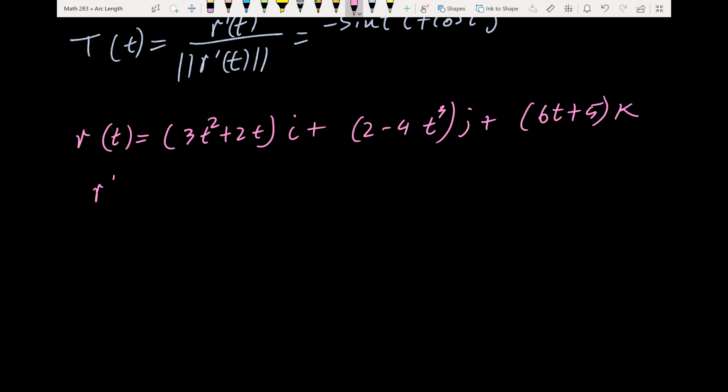What's r prime of t? 6t plus what? 2i. And what does that become? Minus 12t square j plus what is this? 6k, right?